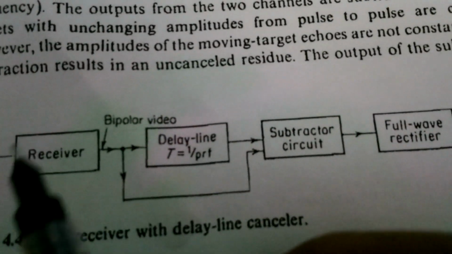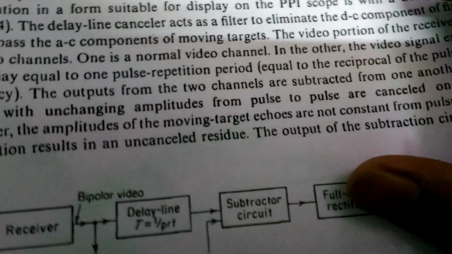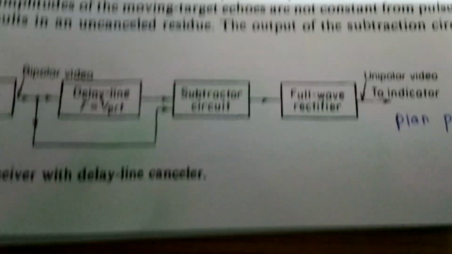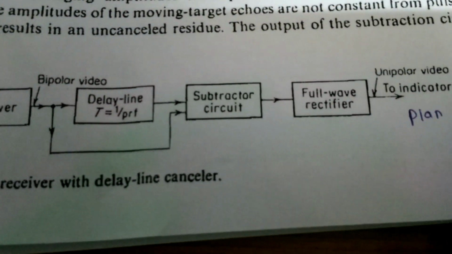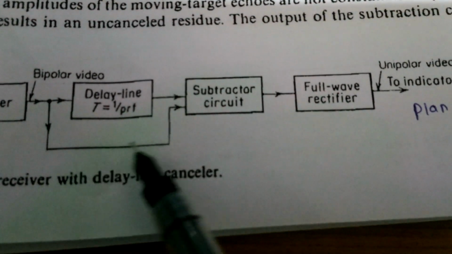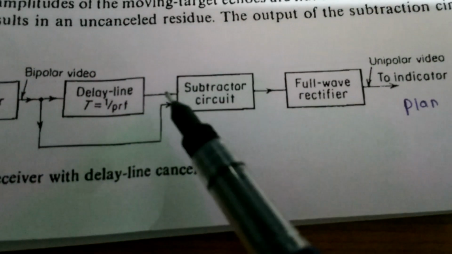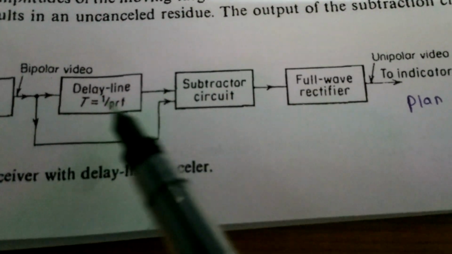If you observe this figure, there is a receiver. As I said, there is a bipolar video. First of all, concentrate on this figure, the MTI receiver with delay line canceller. The bipolar video is transmitted to the subtractor circuit. Why? Because I said that at the mixer side we are going to consider only the difference component.